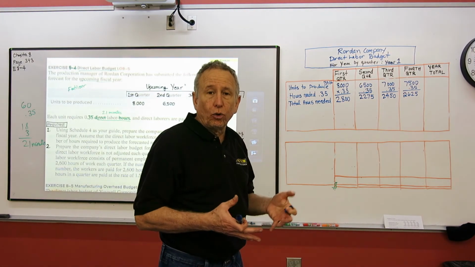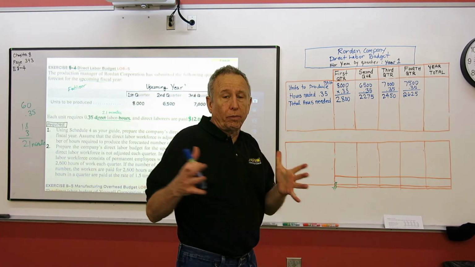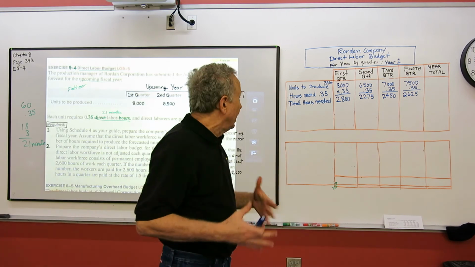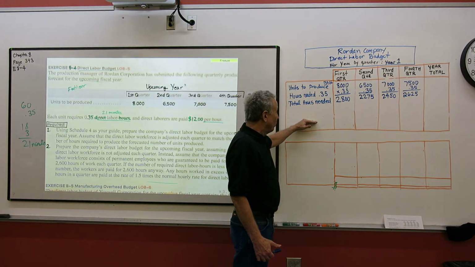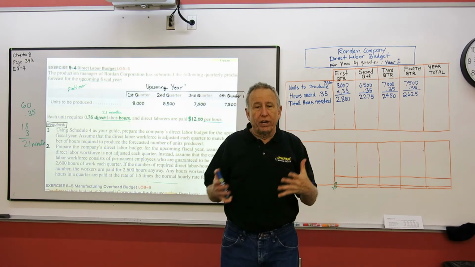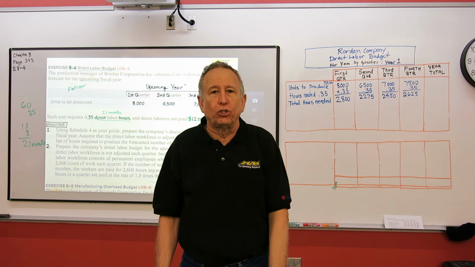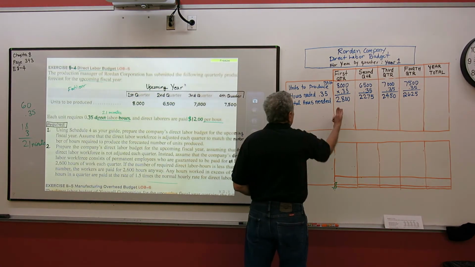You cannot store hours. If we could, many of us would probably say, I'm going to store some of my life for later, but it doesn't work that way. Hours are not storable, so there's no beginning or ending inventory, because you cannot have inventory of people, at least thus far in technology. So that's it. We've got the hours needed.